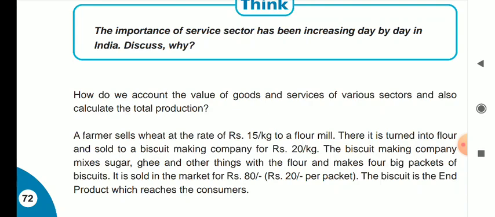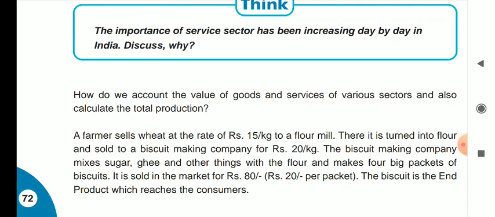There the wheat is turned into flour and sold to a biscuit making company for rupees 20 per kg.